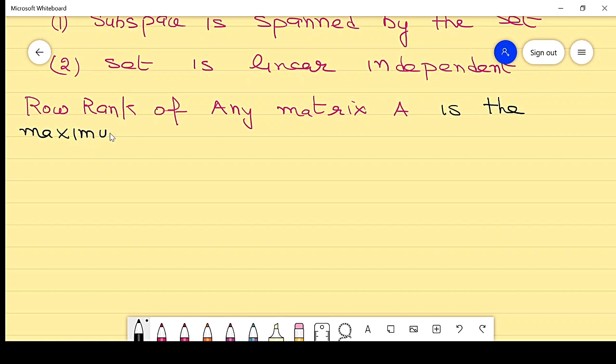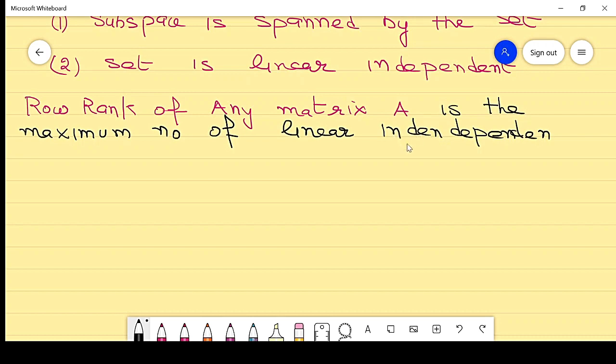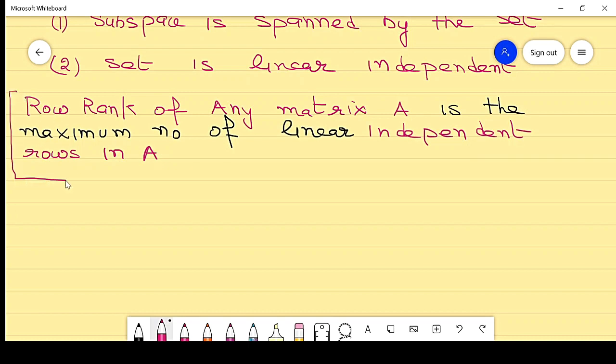is the maximum number of linear independent rows in A. So just remember this definition at the BSc 1 level.